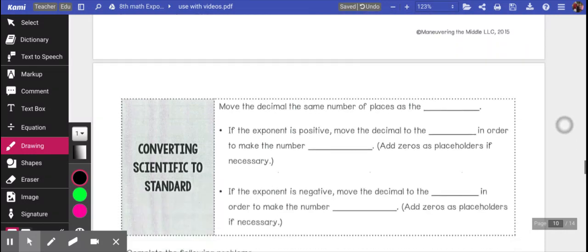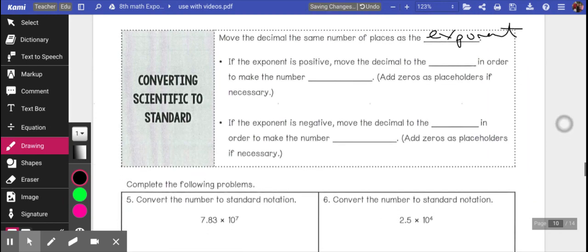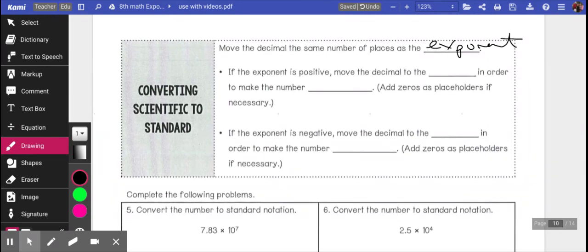Okay, and then if we go on to the back, now we're going the opposite way. We're going to move the decimal the same number of places as the exponent. This is if we have scientific notation and are making it into a regular number.